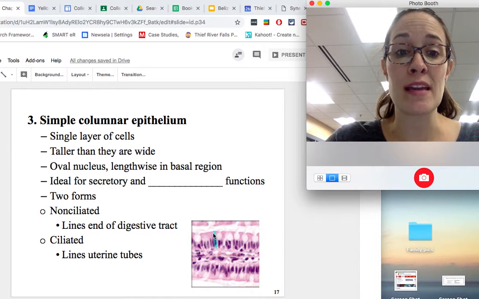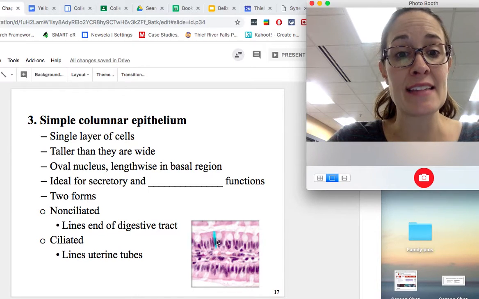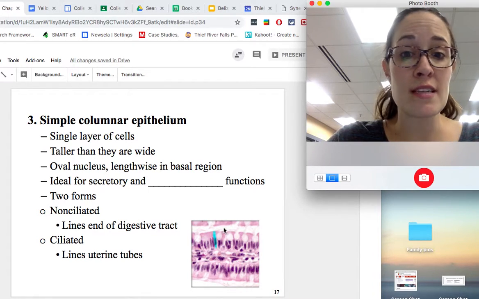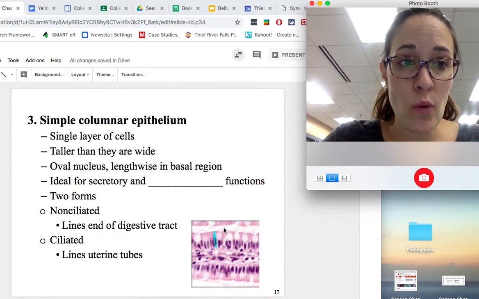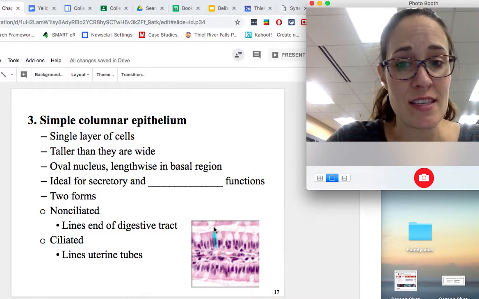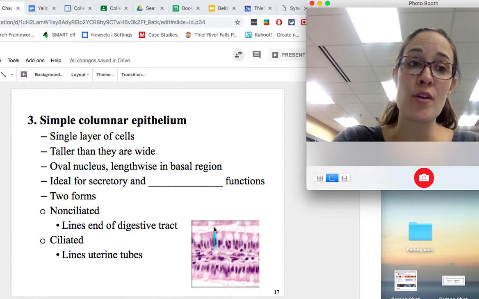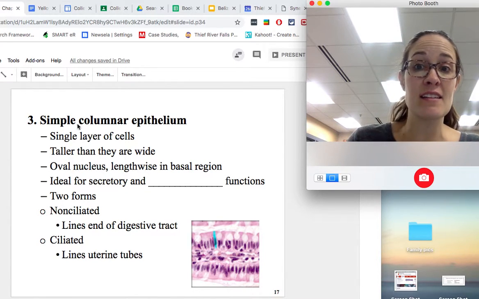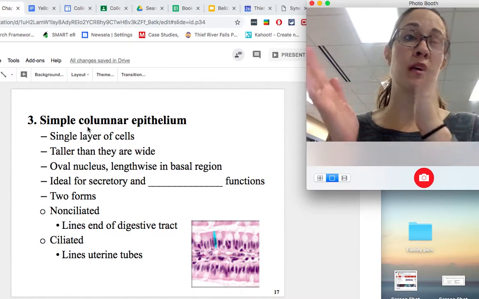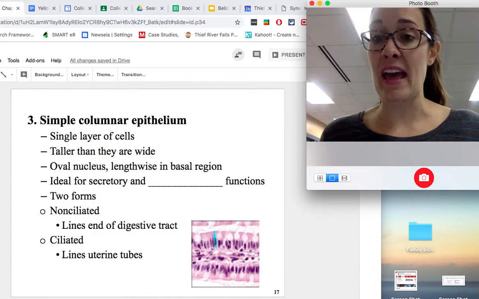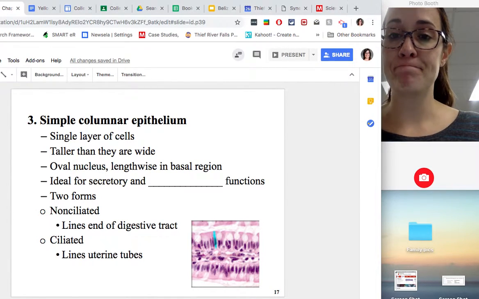They can be non-ciliated, meaning no cilia at the ends of the cells; the digestive tract is an example of that. Or the tops of the cells can have cilia. An example of ciliated simple columnar is in the uterine tubes, which have cilia that move the egg to the uterus.